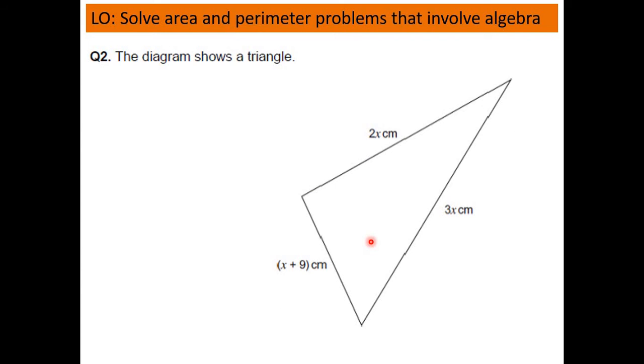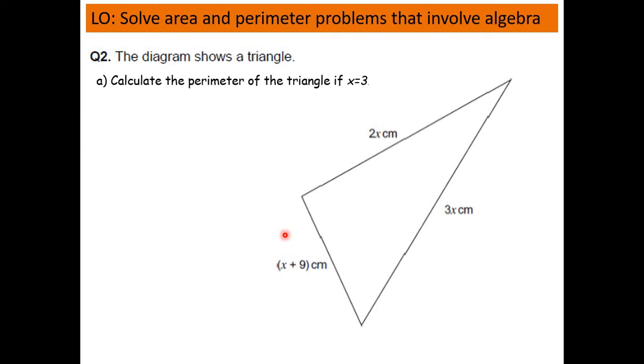So the next question, question 2, we've got a triangle, and this time we've been given algebraic expressions for the lengths of each side. So question A wants us to calculate the perimeter of the triangle if x is equal to 3. So again, perimeter is the measurement around the outside. So these 3 sides added together.